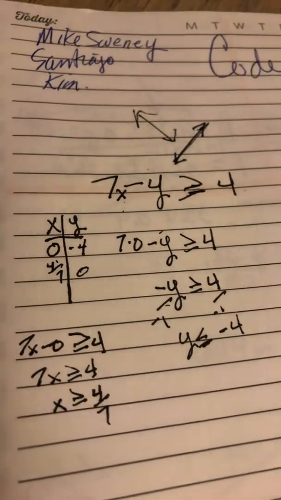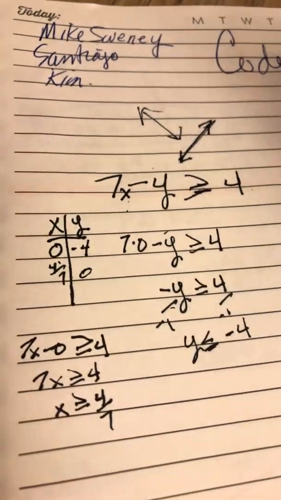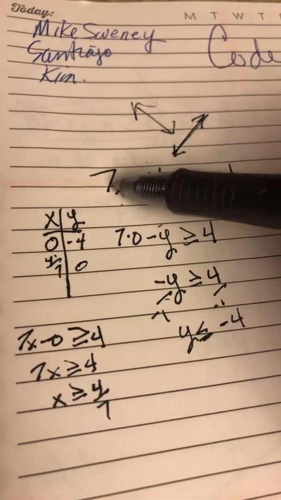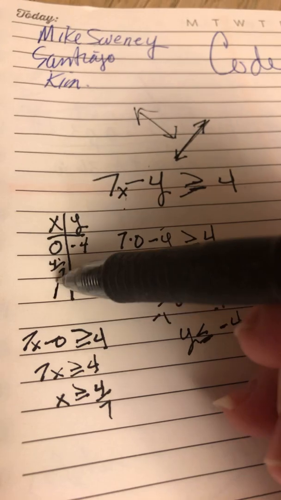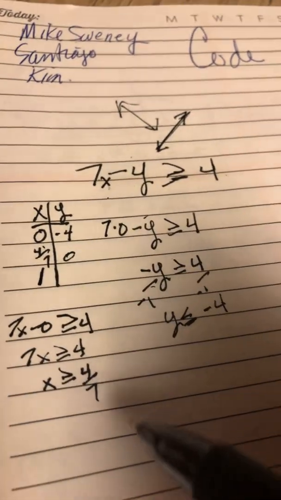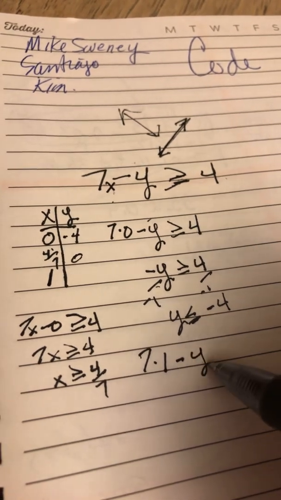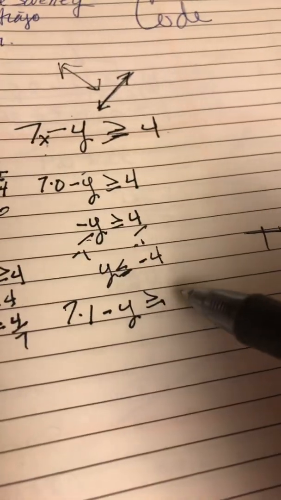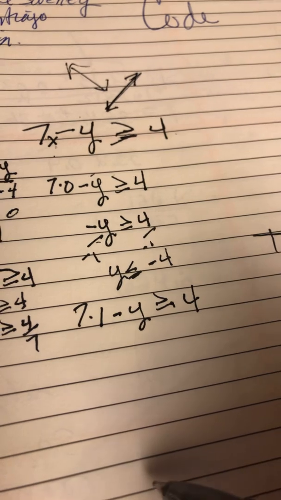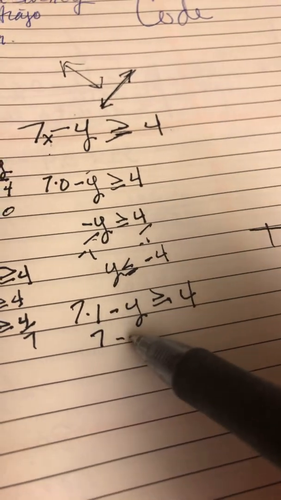Let's do this. Let's put a 1 in for x, and try that. So that would say 7 times 1 minus y greater than or equal to 4. So this becomes 7 minus y.